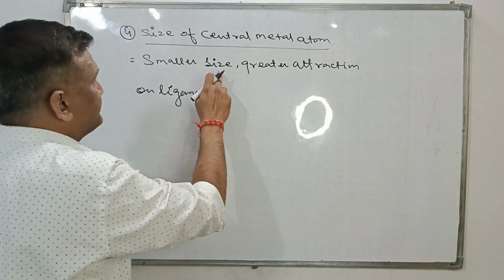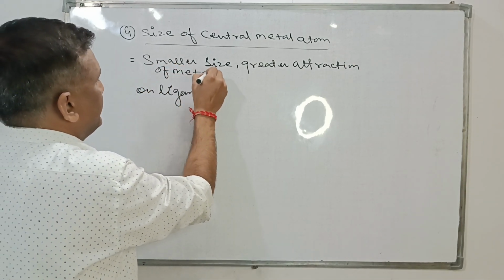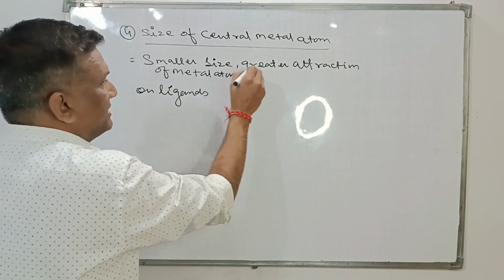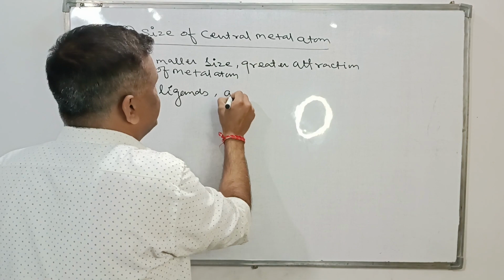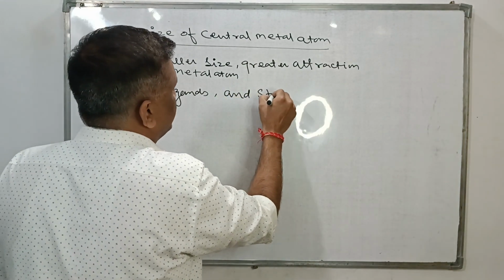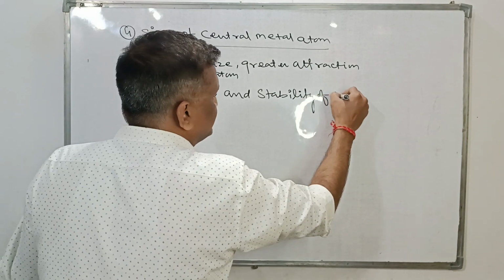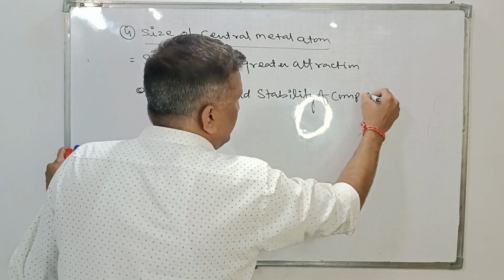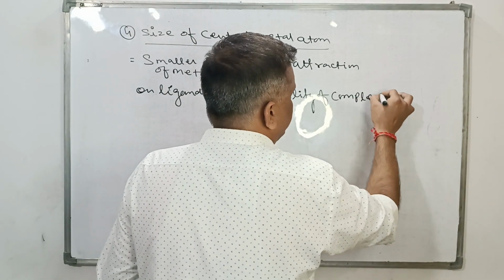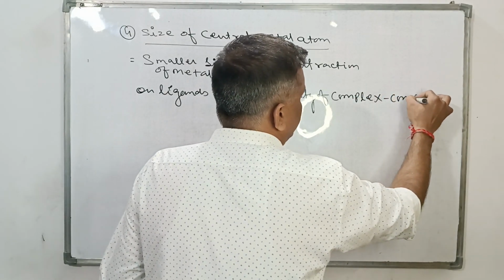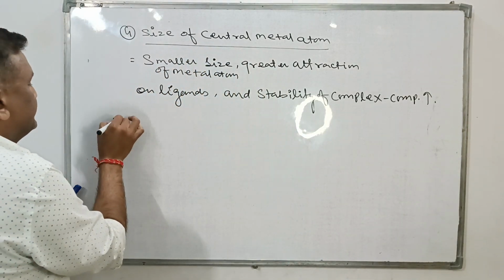Here, with a smaller size of metal atom, there will be greater attraction on ligands, and the stability of the complex compound increases.